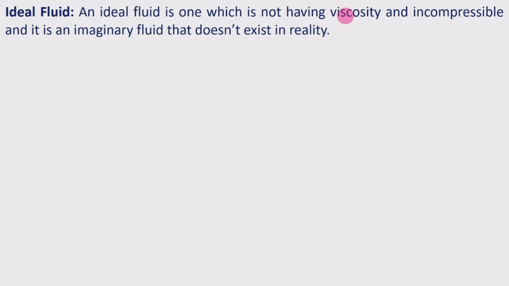Already we know that viscosity is the resistance offered by one layer of the fluid to another adjacent layer of the fluid. That resistance is always there for all fluids. That's why the fluids which really exist are real fluids only, not ideal fluid. Ideal fluid is just an imaginary fluid.